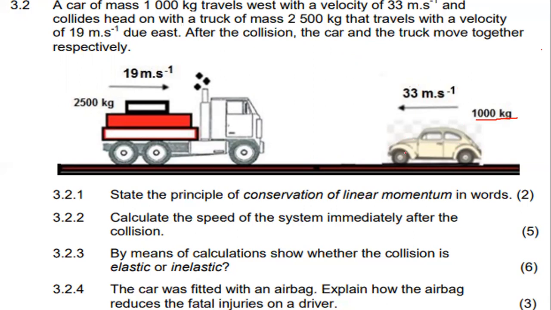So the truck and the car, they are facing each other. So it's a head-on collision. And it is with a truck of mass 2,500 kilograms. There we see the mass, it's 2,500 kilograms. And the velocity of the truck is 19 meters per second. And we can see that 19 meters per second. And we've been told that it is due east.